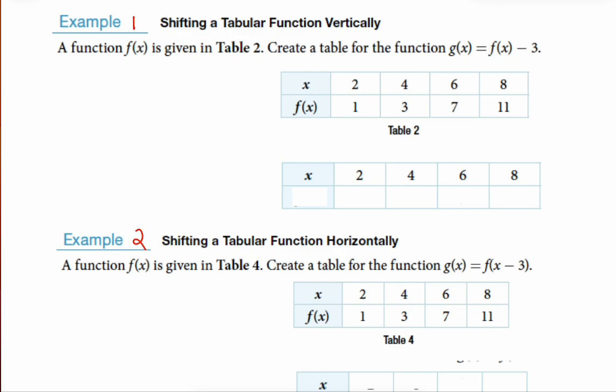This should move the function down 3 units. If it's on the outside of the function, it is only going to affect our y values. So if I plug in a 2, normally I would get 1, but g subtracts 3 from that. So 1 minus 3 is negative 2.